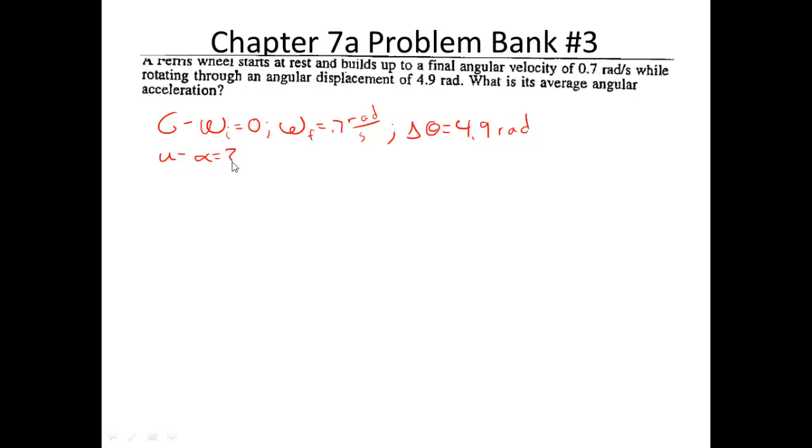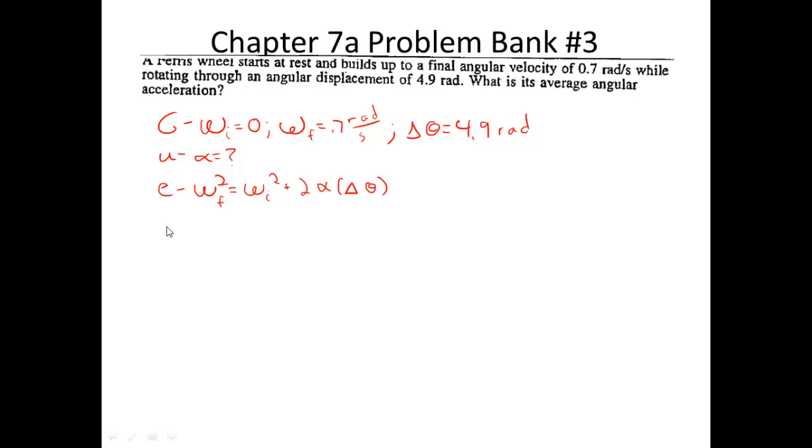For our equation, we have theta, and we have final and initial angular velocity. We do not have time, so it looks like we will be using omega final squared is equal to omega initial squared plus 2 alpha delta theta.